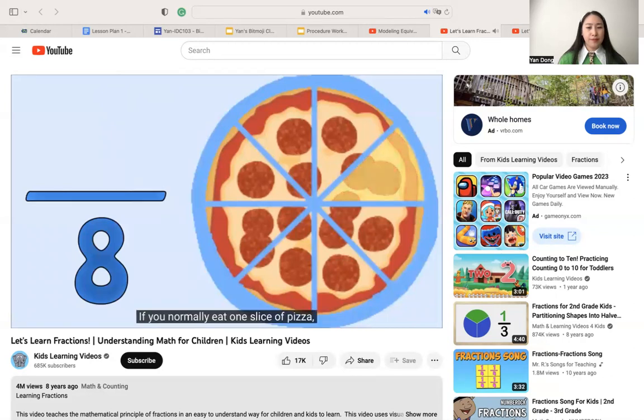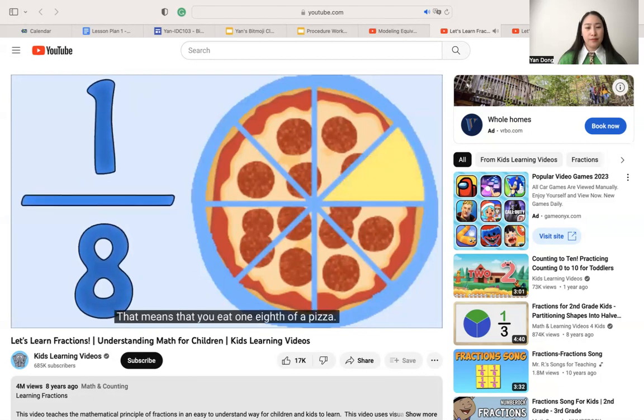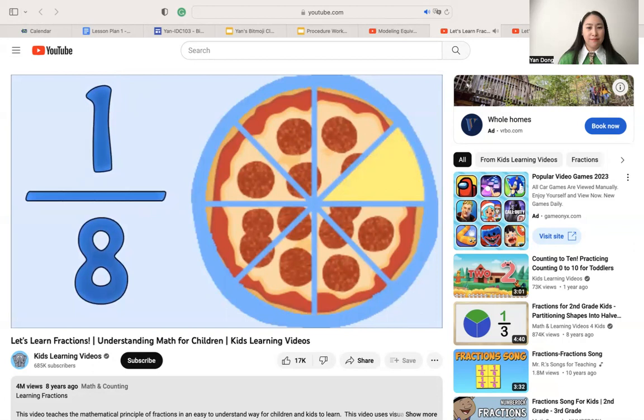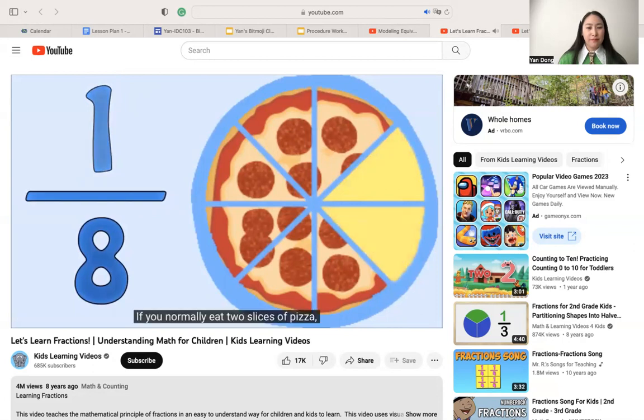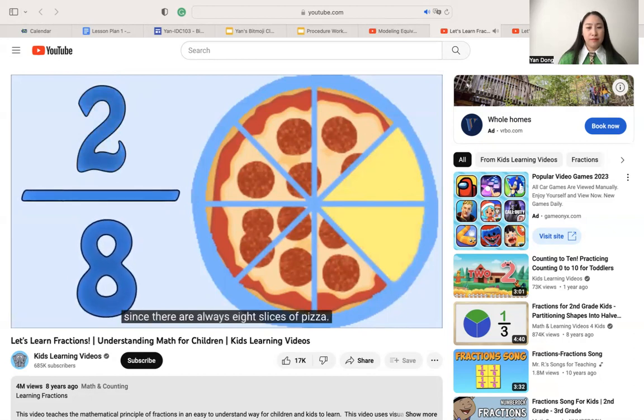If you normally eat 1 slice of pizza, then 1 would be the numerator. That means that you eat 1/8 of a pizza. If you normally eat 2 slices of pizza, then 2 would be the numerator. The denominator would still be 8 since there are always 8 slices of pizza.